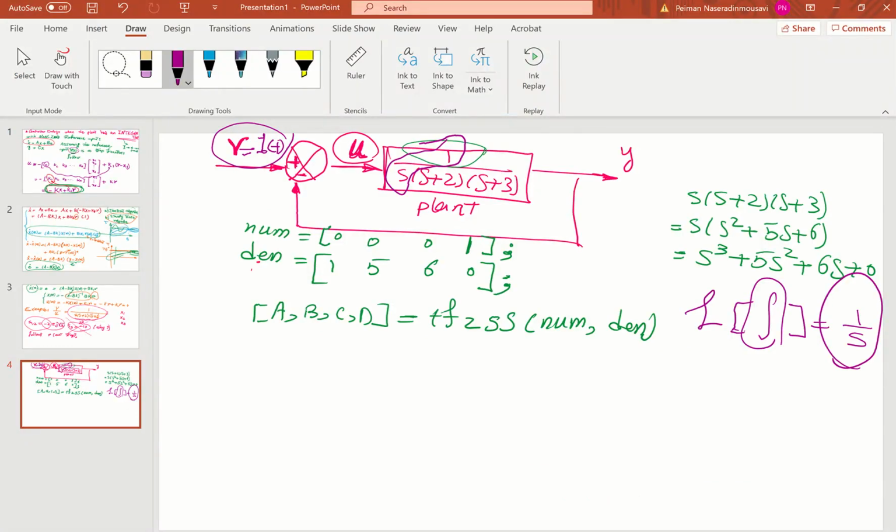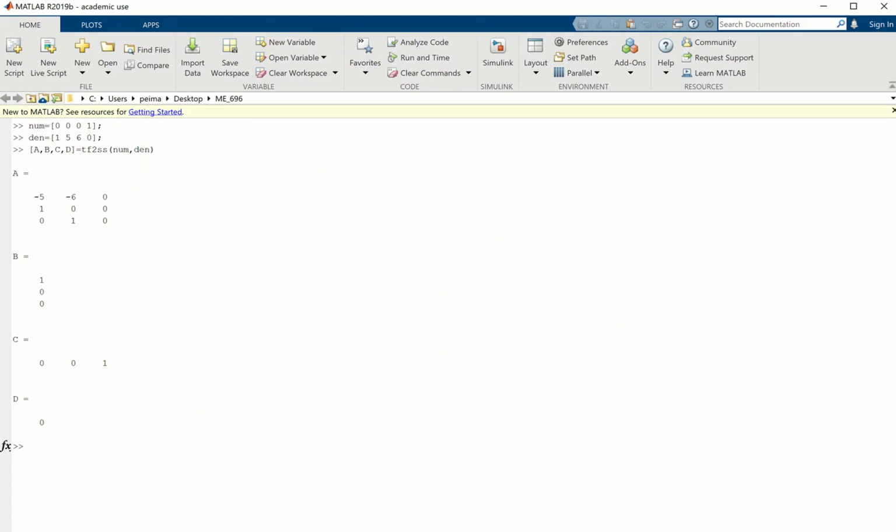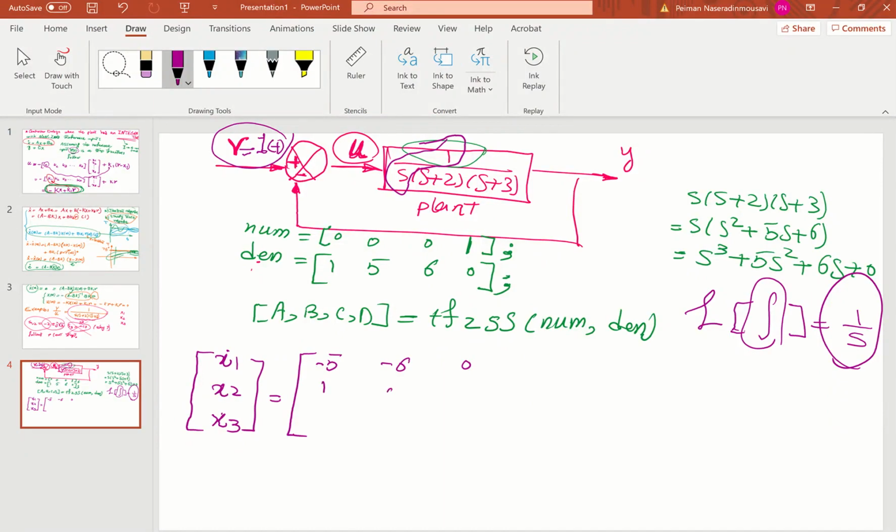So Matlab gives me x1 dot, x2 dot, and x3 dot equal to -5, -6, 0; 1, 0, 0; 0, 1, 0, times the state variables x1, x2, x3, plus Bu. It's B because it is a single input, single output system. That's right.